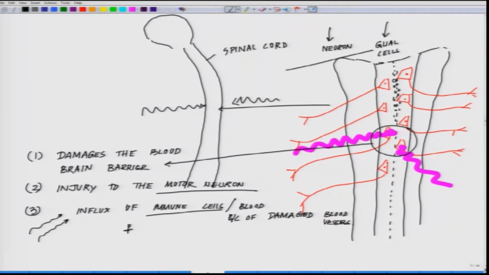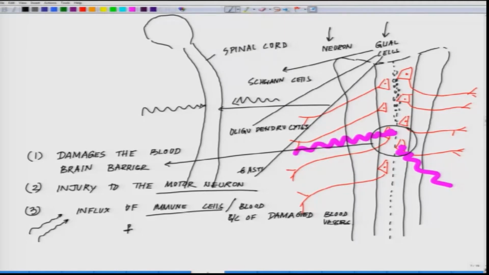Within the glial cells there are Schwann cells, oligodendrocytes, astrocytes, and you have another family which, as it emerged, is not truly glial cells, called microglia.